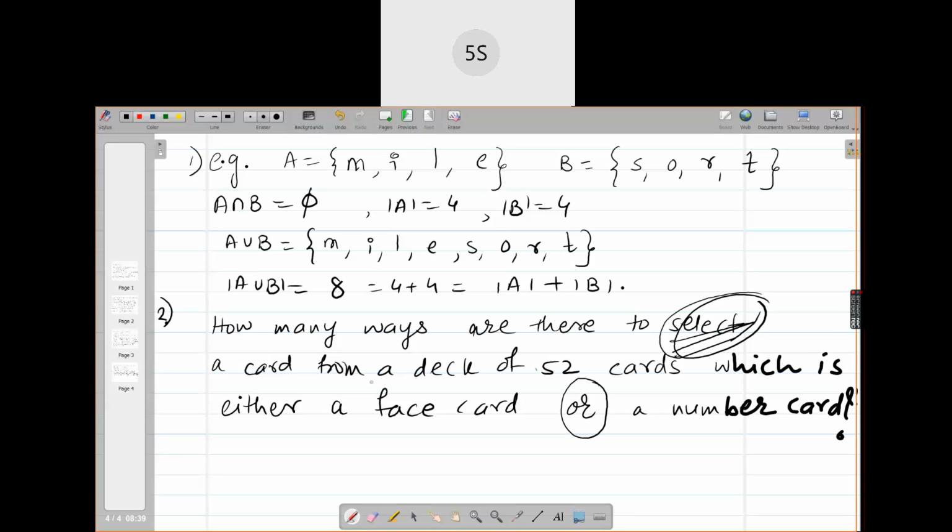Combination. Permutations are used when you are arranging something. Those are permutations. Combinations means selections. Please remember these words always. Arrangement means permutations. Selection means combinations.